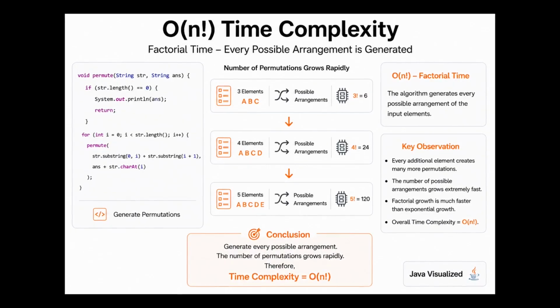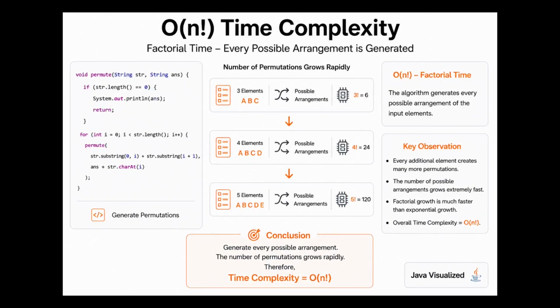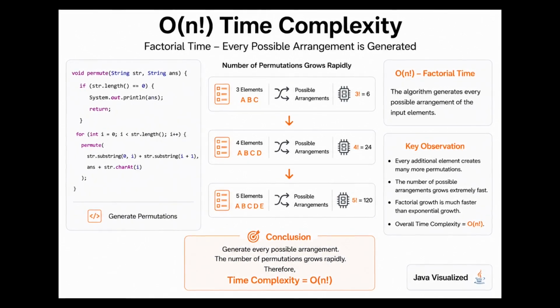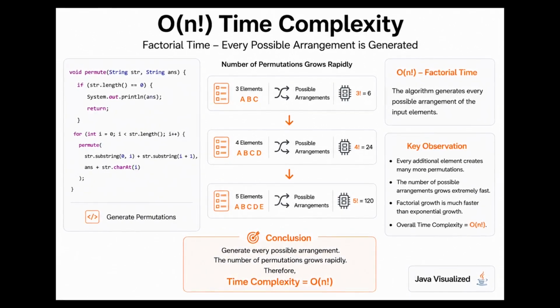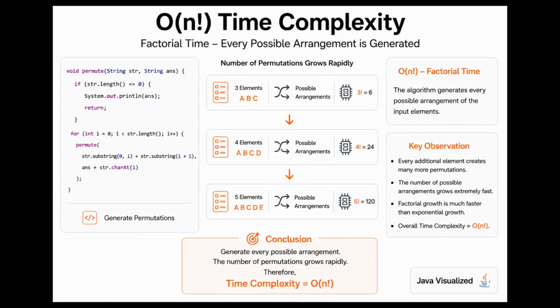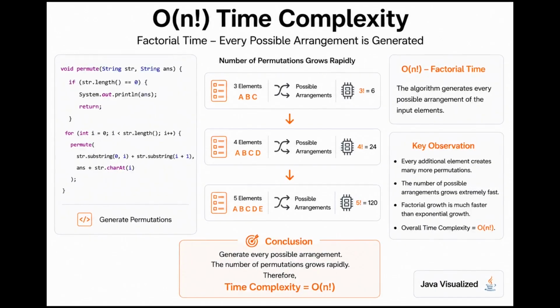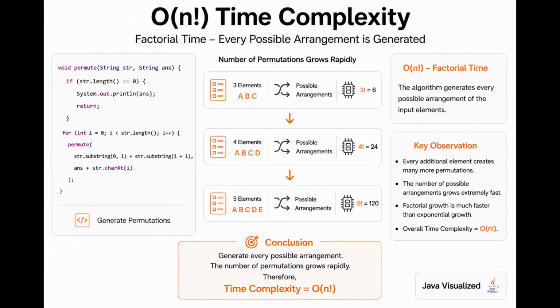With 4 elements, there are 24. And with 5 elements, there are already 120 possible permutations. As the input size increases, the number of possibilities grows extremely fast. Since the number of operations grows factorially, the time complexity is O of n factorial, making it one of the slowest time complexities.